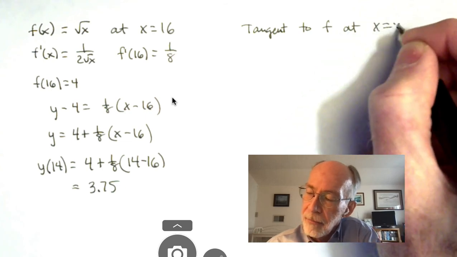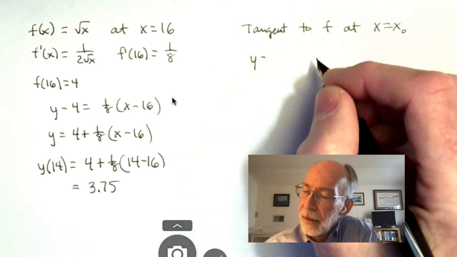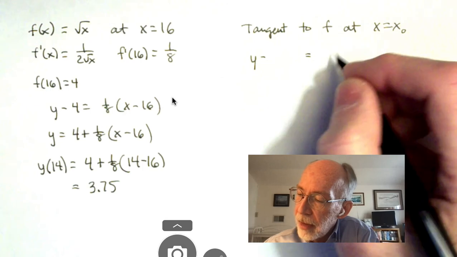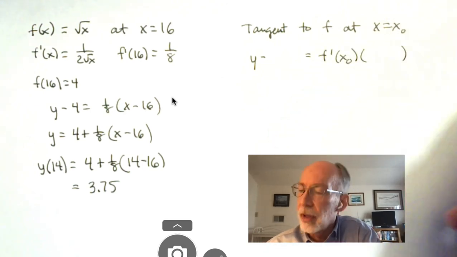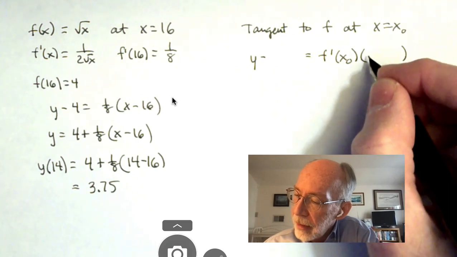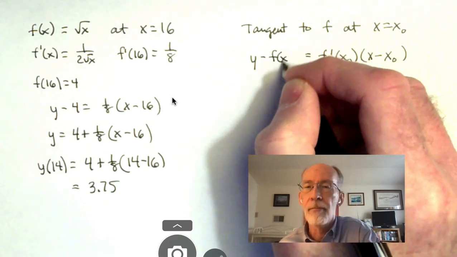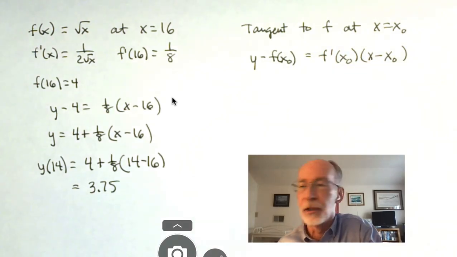What's that going to be? Well, the slope of that tangent line is going to be f prime of x naught. And the point of tangency is going to be x naught, f of x naught.